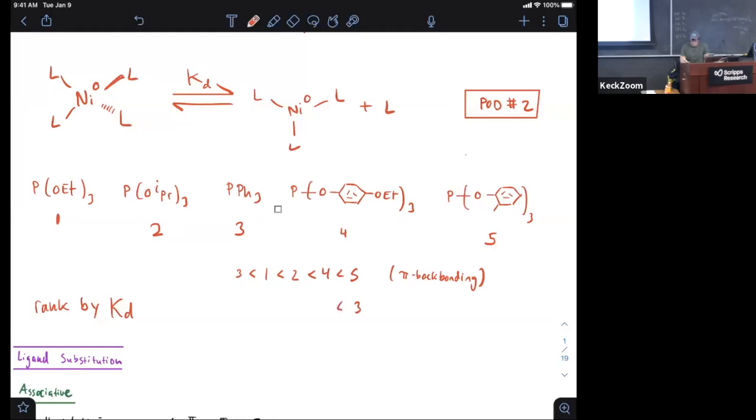I'm not sure how they relate relative to one another, but I would say the KD of the isopropyl phosphite is going to be higher based on sterics. They're electronically fairly similar. Okay. So that's ethyl versus isopropyl. And I would say 5 is greater than 4, but I don't know how those fit in relative to 1 and 2.